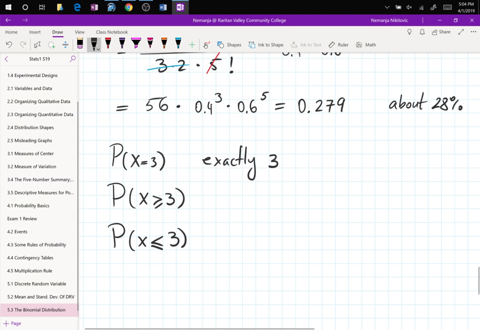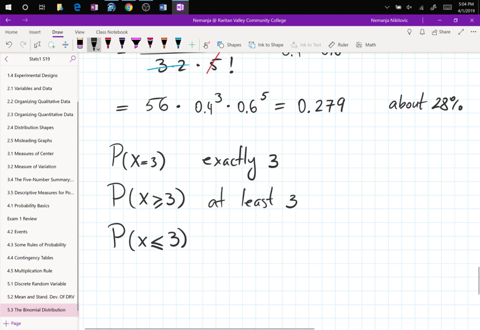So what is this one? Is it at least or at most? At least 3.